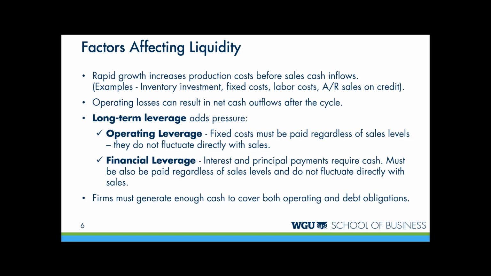The first is our operating leverage, and that is the firm's dependence on fixed cost structures to generate its sales and profits. And our fixed costs have to be paid regardless of sales levels. They don't fluctuate directly with sales. That's going to be things like, let's say we produce printed t-shirts for local sports teams like high schools, colleges, professional sports teams.